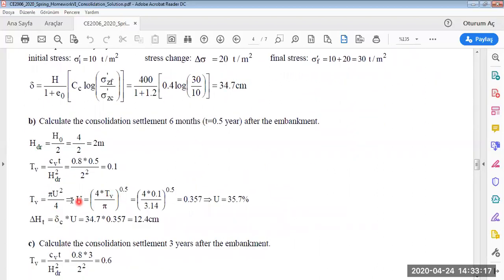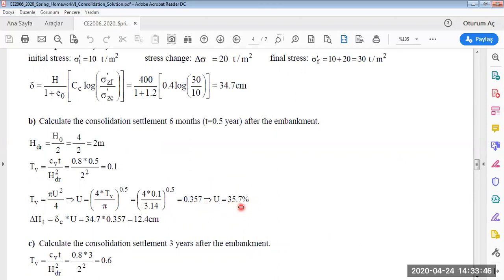So let's go on with the simple one. We will try this one, and we will calculate the degree of consolidation. If the result is more than 60%, this means we should use the other formulation. Now, the result is compatible with the assumption, so we can use this one.